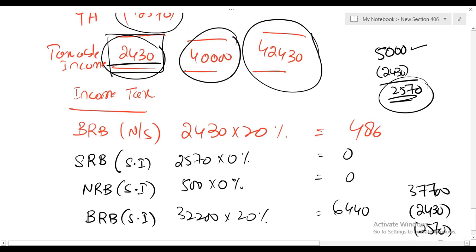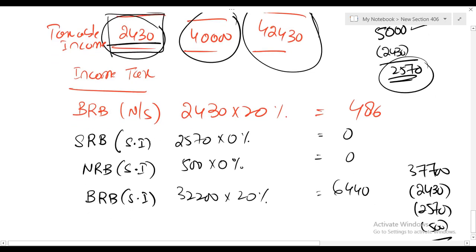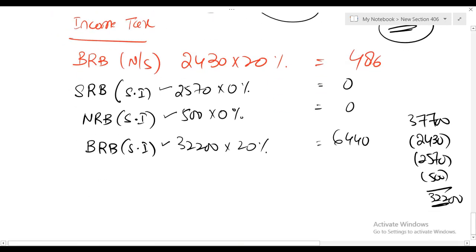Okay, now look at this. The saving income amount is 40,000. Out of this 40,000 saving income, 2570 we have taxed, 500 we have taxed, 32,200 we have taxed. Now whatever is left will fall in the higher rate band because the basic rate band is already consumed. So from this 40,000, let me deduct 2570, 500 and 32,200. I'm getting 4730.